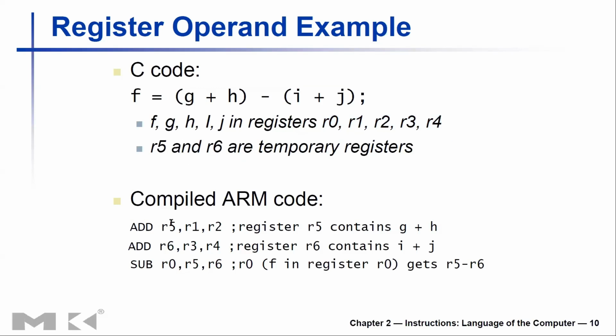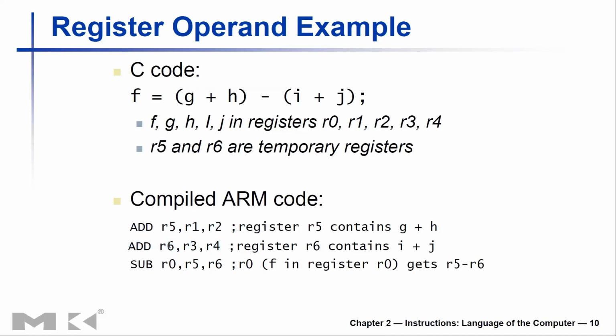Now we are going to do the same basic operations as before here, but using correct register names. So for R5 we are going to get the addition of R1 and R2. For that you can use this add instruction, and then this i plus j operation you can perform with this second add instruction, add R6, R3, R4.